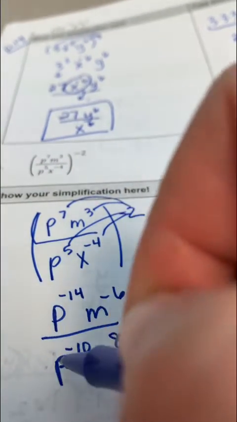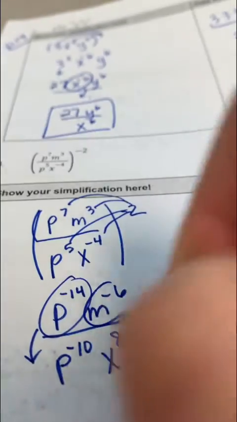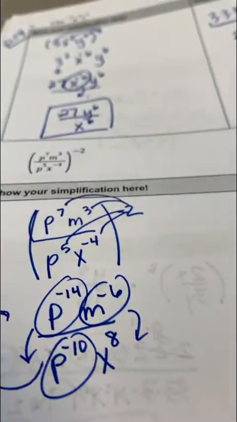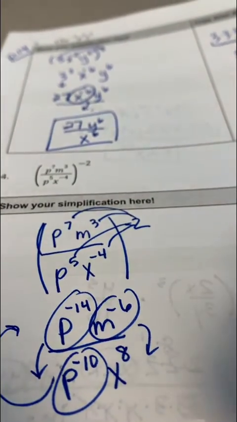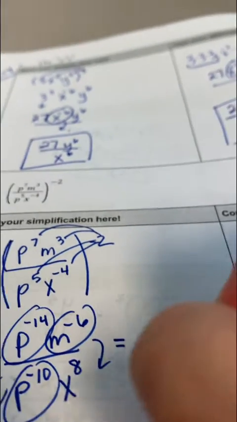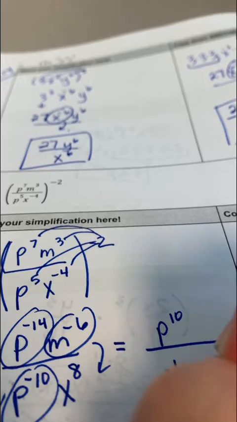Now, I'm going to rearrange these negatives. -14 goes down. M to the -6 goes down. P to the -10, that goes up. And I get, what, P to the 10 over P to the 14, M to the 6th, and X to the 8th.